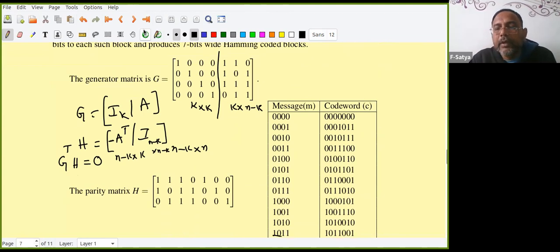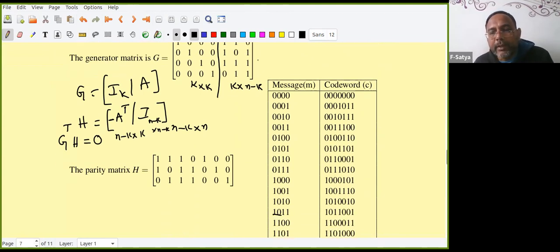Or otherwise, you can also check, say, for example, 0111. Is it in the null space? Or you multiply here, it is in the range. Right? It is in the null space. So multiply this into this, we get 0. This into this, 0 in dot product. This into this, 0. So like that you can check.